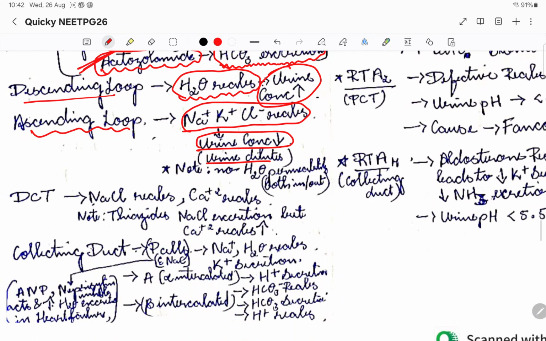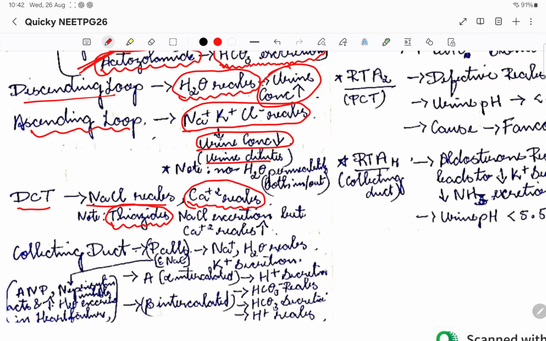Okay, then coming to the DCT, the distal convoluted tubule. Please remember, NaCl reabsorption is happening, and calcium is also getting reabsorbed. Why I'm telling you this is because of the thiazides.